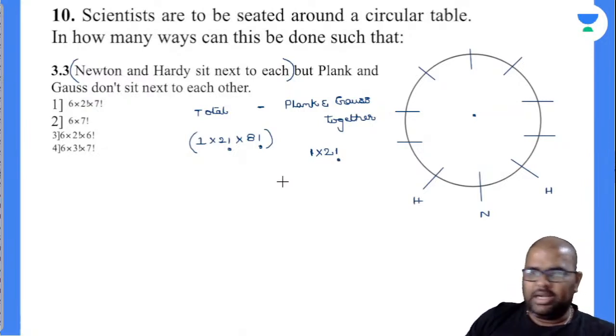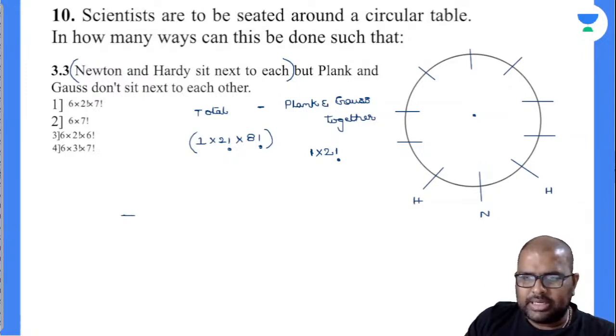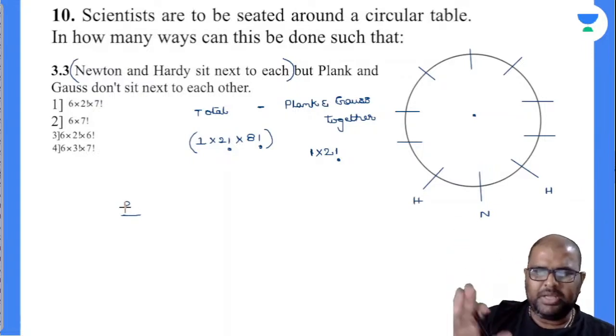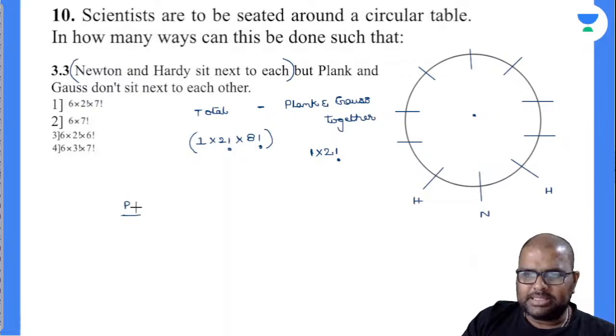Yes, perfectly. Now see here, how many slots are left over? 8 slots are left over. In those 8 slots, you said Planck and Gauss, how many persons are there? First of all, Newton and Hardy, 8 persons are there. In those 8 persons, PG has to sit together. So how many persons are left over? 6 persons. 1, 2, 3, 4, 5, 6.